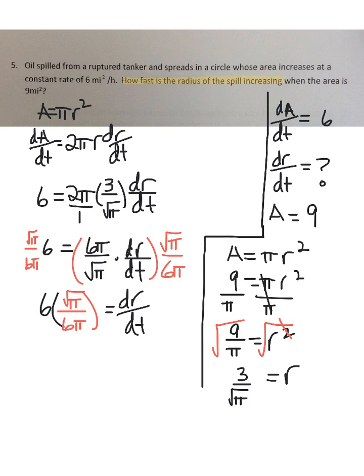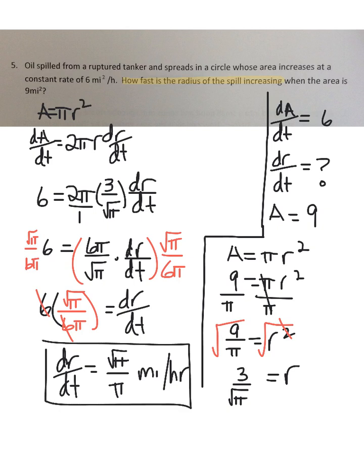Now while I'm at it, I'm going to show you that I can cancel out these 6's. So then my dr/dt is equal to radical pi over pi, and that would be miles per hour. And there's your answer. You don't need to make it a decimal or anything like that.